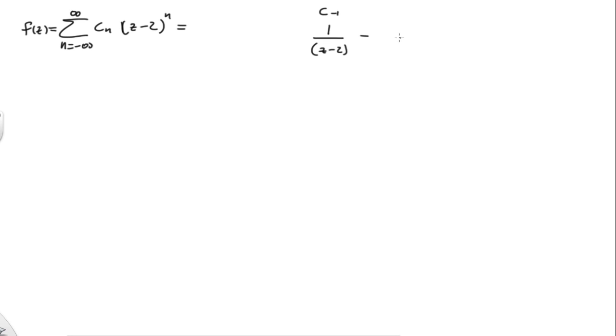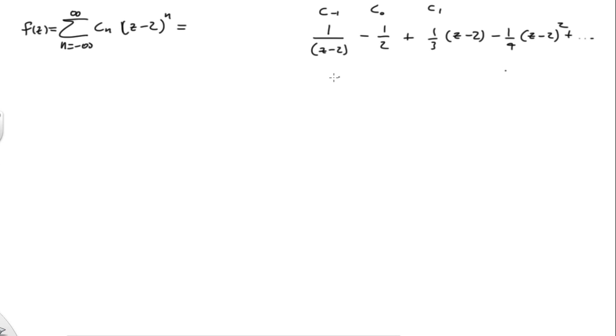For c0 we had a minus 1/2. Then we had c1, which was plus 1/3 times (z minus 2) to the first power. Then we had a minus 1/4 times (z minus 2) to the second power. And it keeps going up like that.